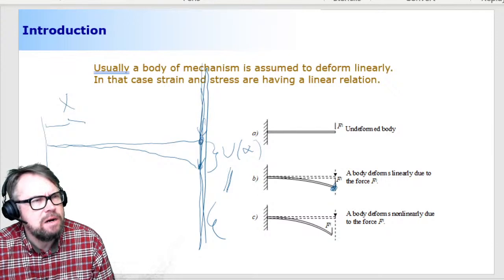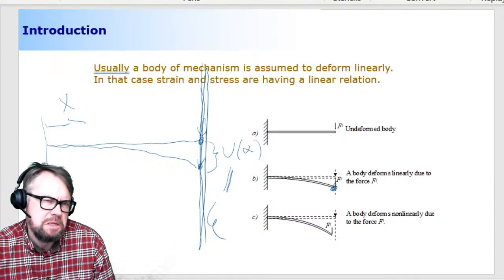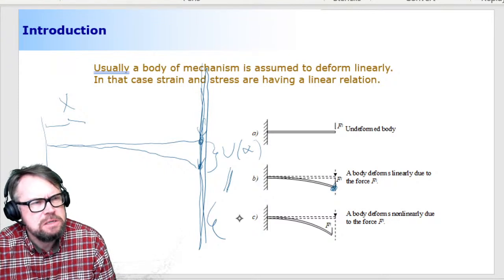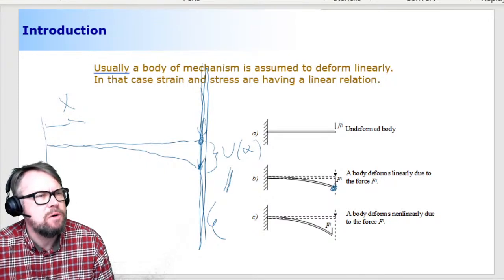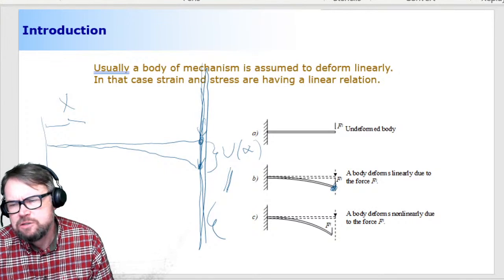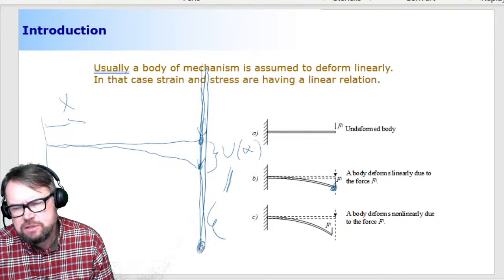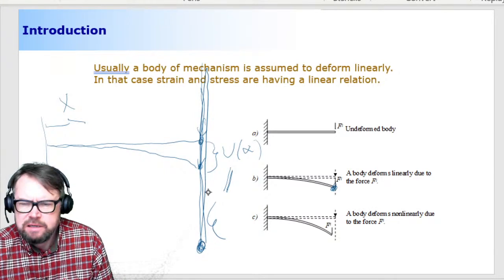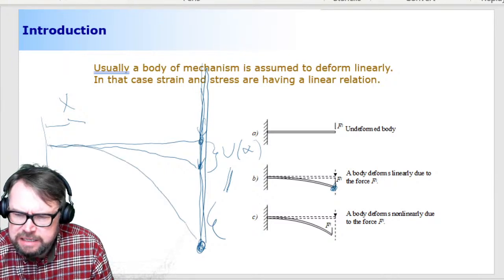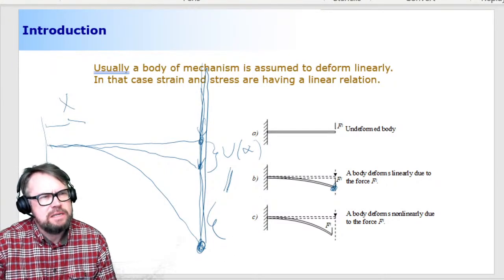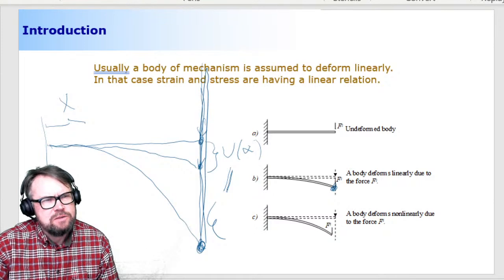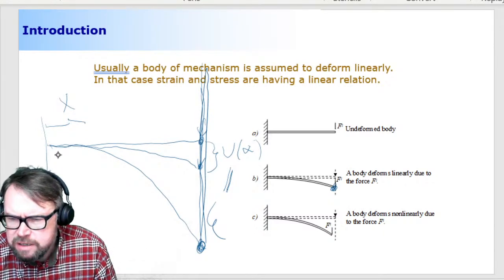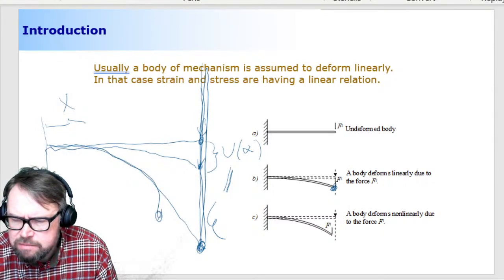It's going to be on the same line after deformation. It still looks okay, not too bad. But if you keep increasing the force, eventually it starts to look unrealistic, because you don't see a deformation like this in real life. In real life, the deformation would be something like this.